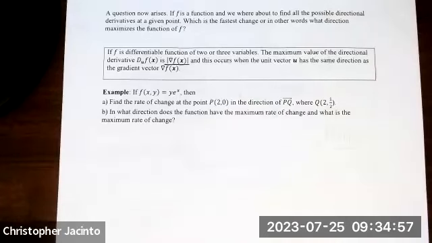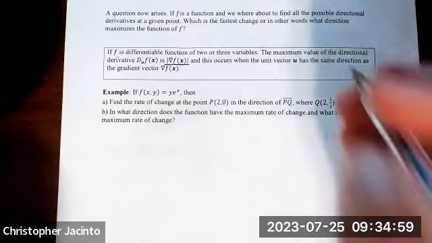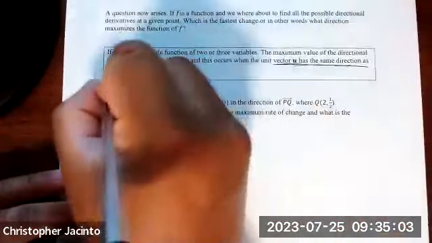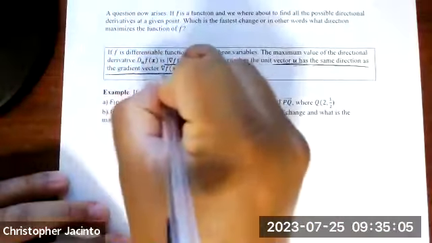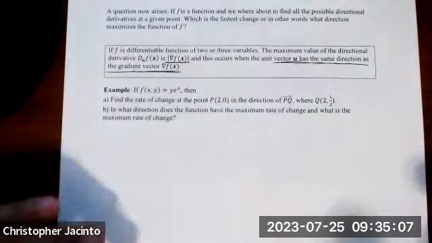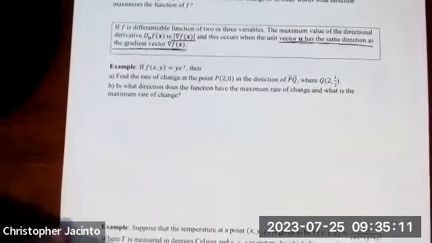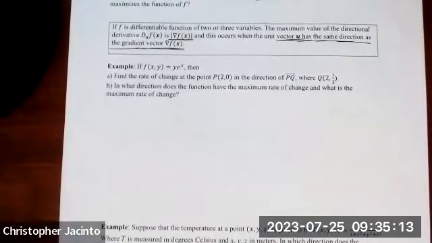That's the key thing. That's an interesting part, and we've got to figure out: is u a unit vector in the same direction as the gradient vector? Because if so, that is the maximum rate of change in one direction at that particular point. Okay.